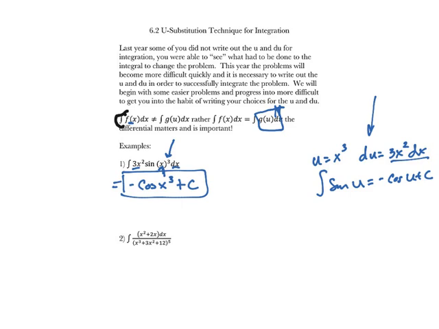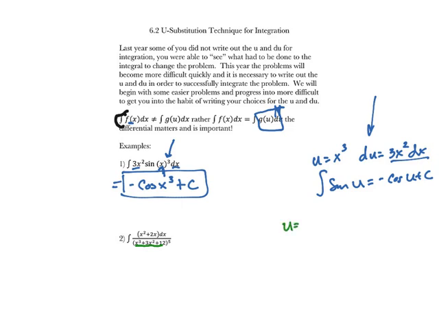Okay, when you have fractions, it is helpful if you can let the denominator be the u. And if there's a power on the denominator, you don't typically want to use that power. So for instance, in this second example, I'm going to let u be just that polynomial in the denominator.